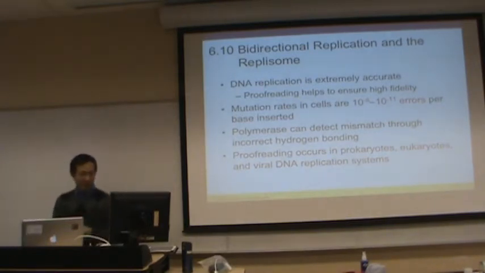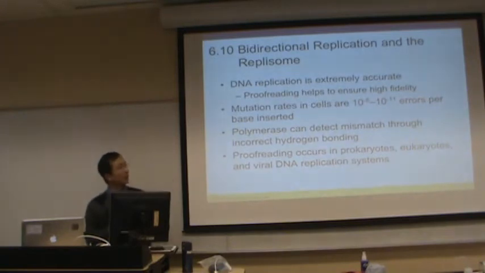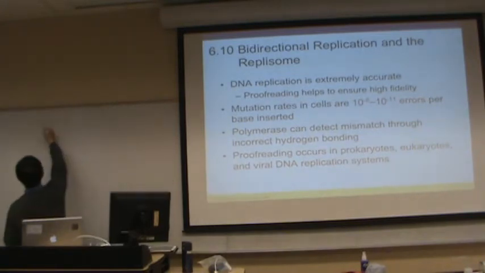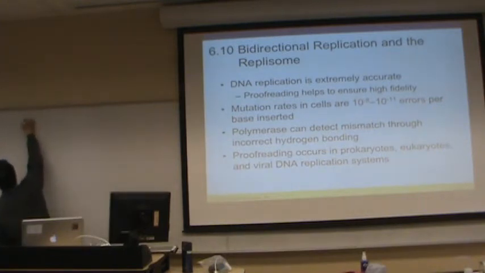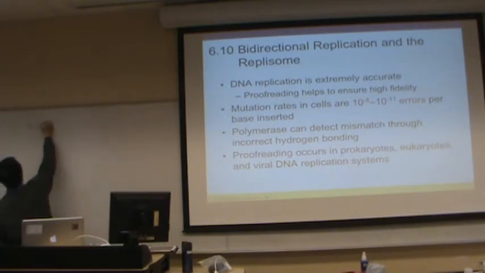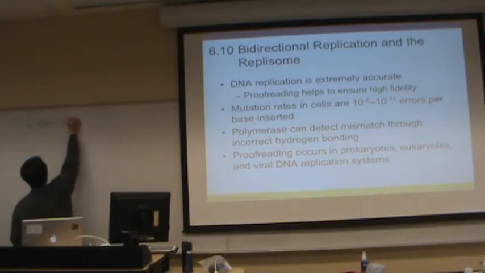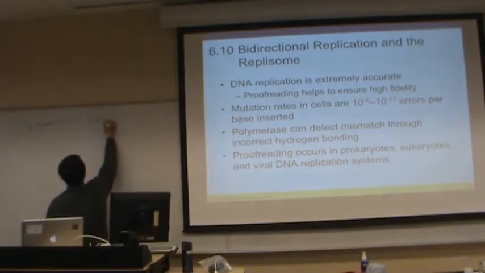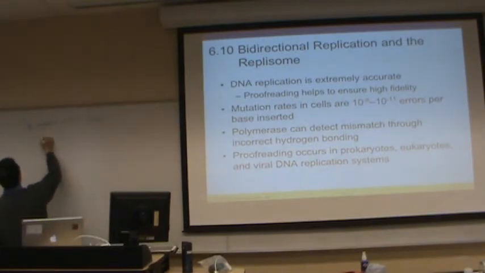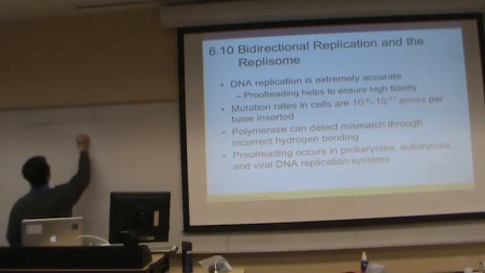So that in PCR, actually the mutation rate is much higher. So the question will be, the Taq polymerase in PCR lacks which activity? A, 5' to 3' exonuclease.